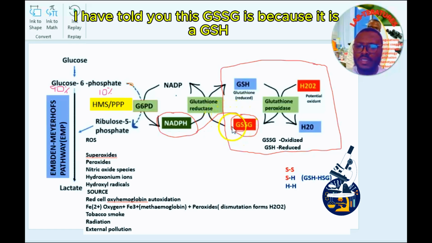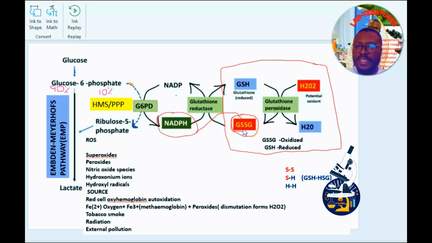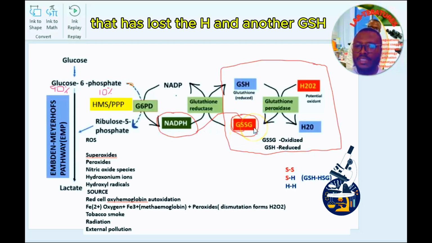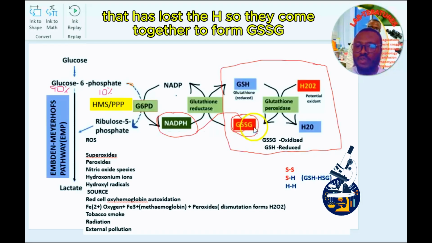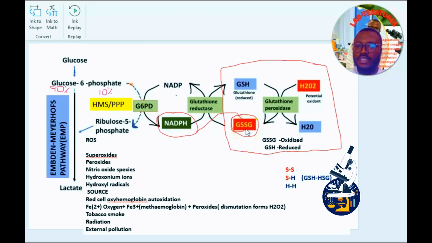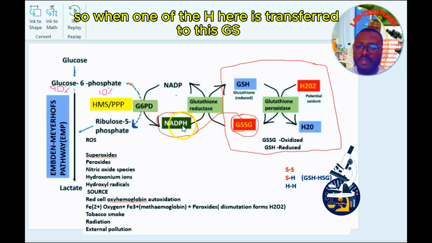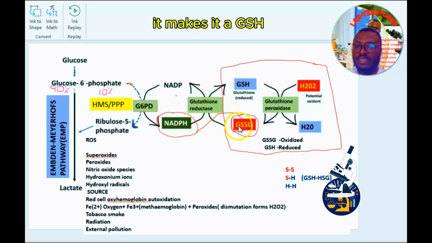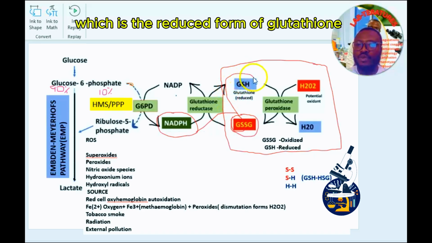I have told you this GSSG is because it is a GSH that has lost the H and another GSH that has lost the H, so they come together to form GSSG. So when one of the H here is transferred to this GS, it makes it a GSH, which is the reduced form of glutathione.